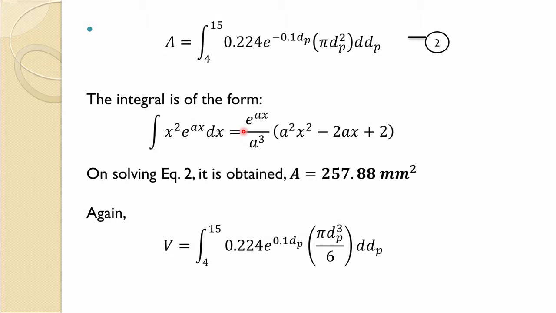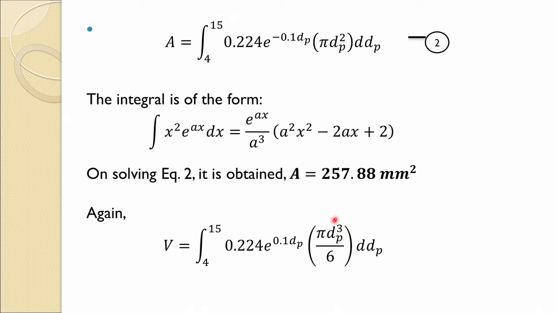Probably you might have to recall it from your undergraduate first year mathematics. Then you can solve this equation and that will give you the area of 258 millimeter square, and in the same way you can calculate the volume of the particles.